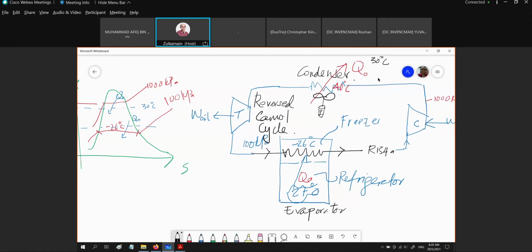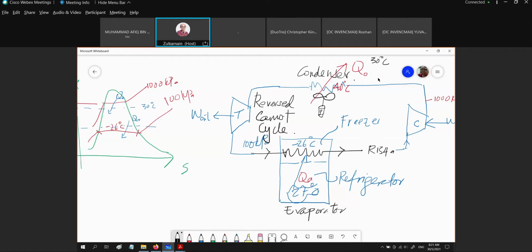Again, in this reverse Carnot cycle, we are going to have reversible and isothermal heat absorption. Here we have reversible adiabatic compression. Here we have reversible isothermal heat rejection. And here we have reversible adiabatic expansion.